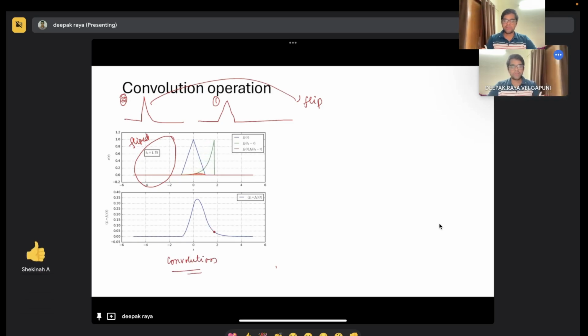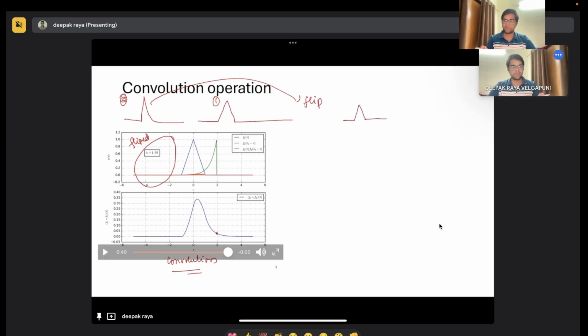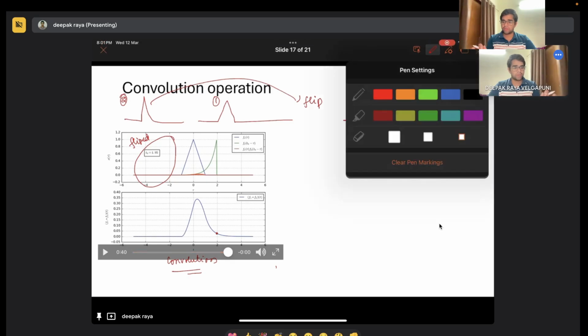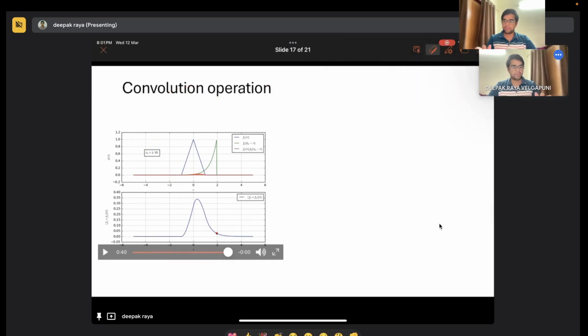Yeah, so basically you have two signals. Give me a minute, I'll just clear. Okay, so one is a square, this is the first signal, and let's denote this as f1 of t and f2 of t. f2 of t is a sudden exponential decay.